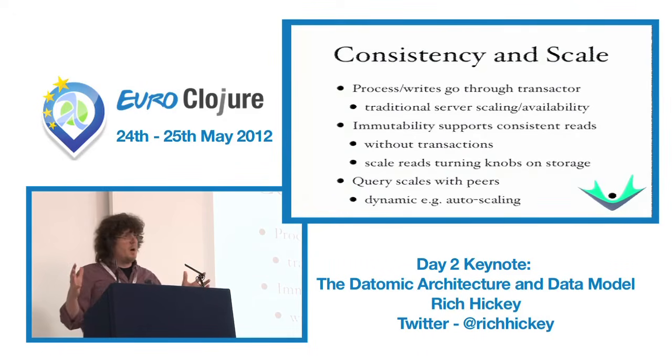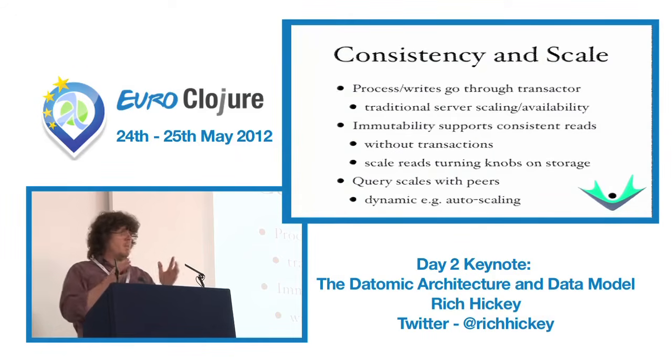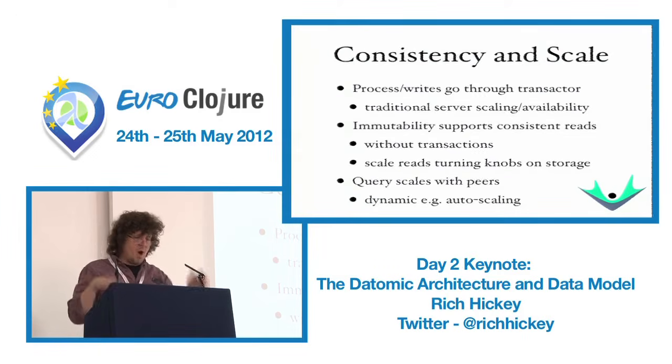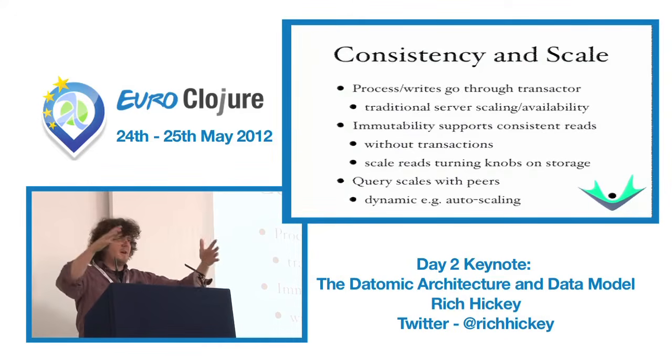And then the query part scales with the peers, and this part is truly elastic now. More peers, more query power, fewer peers, less query power, up and down during the course of the day. In particular, that kind of elasticity is dynamic, right? It's much different from saying, I know I need a cluster to do X sometime, so I'm going to enhance the size of my cluster. That is not elastic at all, and that's not very dynamic.